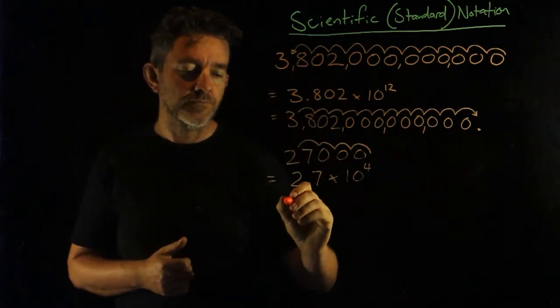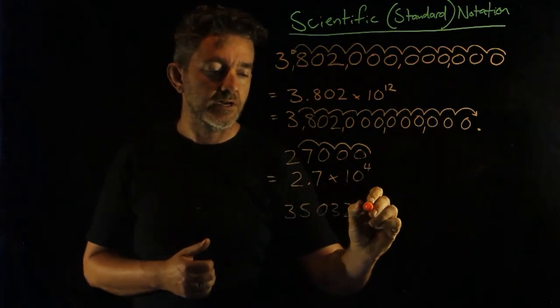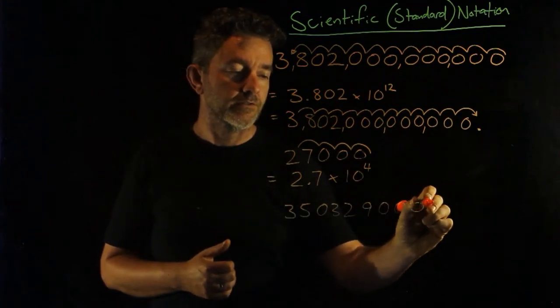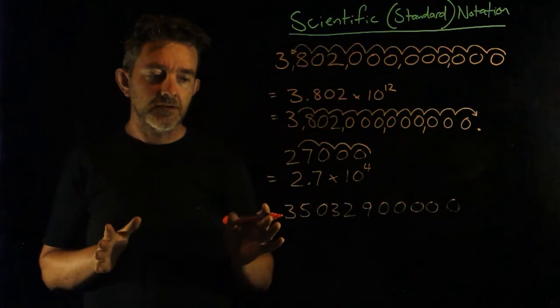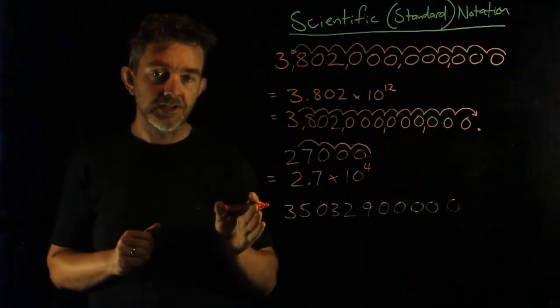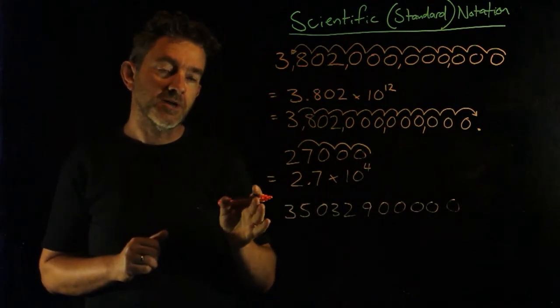Here's another example. 35032900000. Again, I'm going to put a number out the front, which is going to have the decimal place after the first digit, and then I'm going to have times 10 to the power of something.